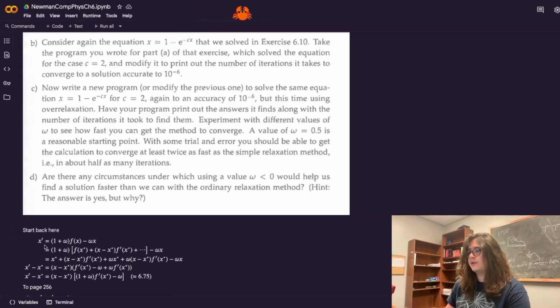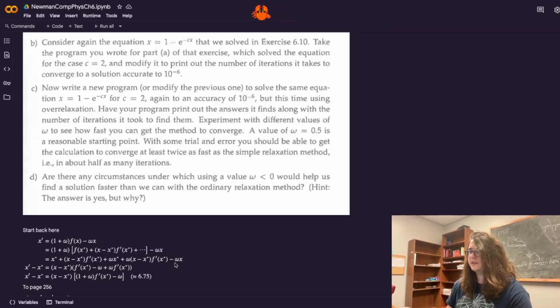You actually start with the equation that defines x prime, right? And before, he Taylor expanded f of x, so I did the same thing. I Taylor expanded f of x. After that, I distributed the 1 plus omega term through the Taylor expansion, only keeping the terms which depend on the f of x star and f prime of x star, neglecting higher order derivative terms.